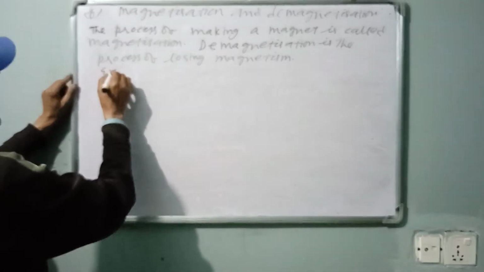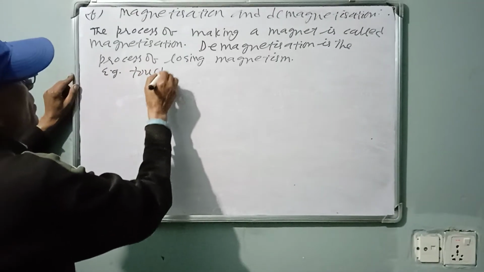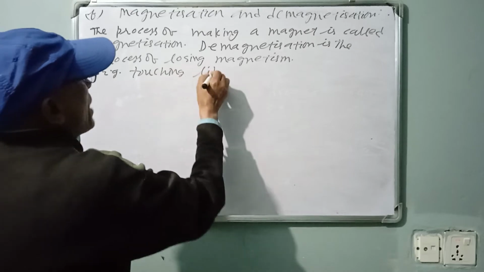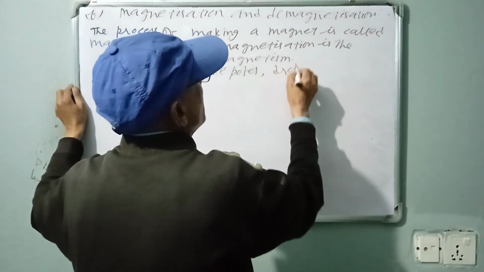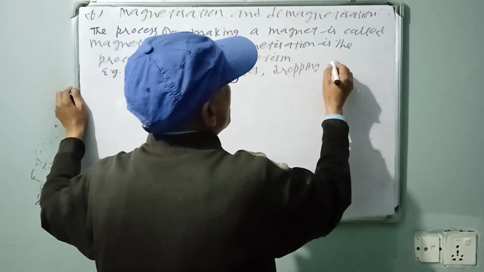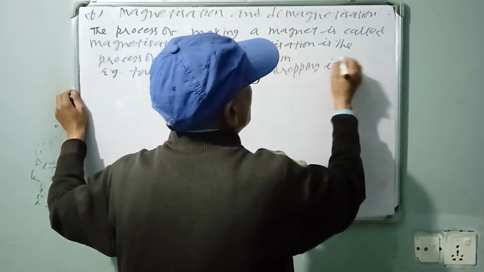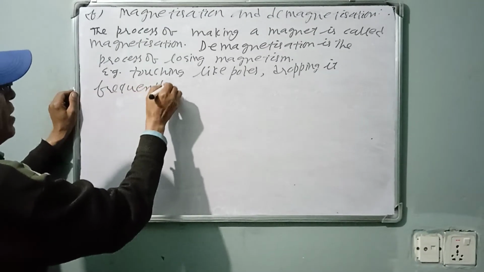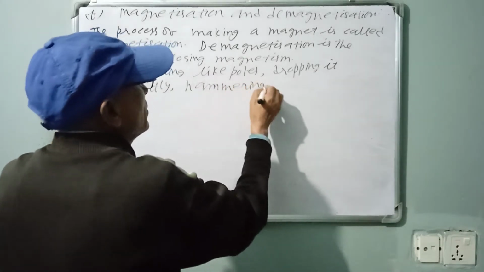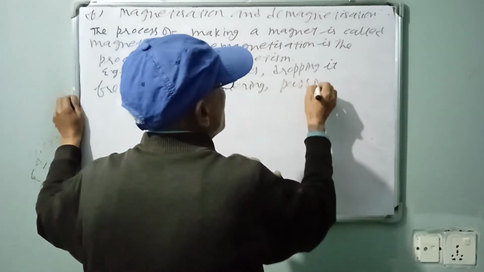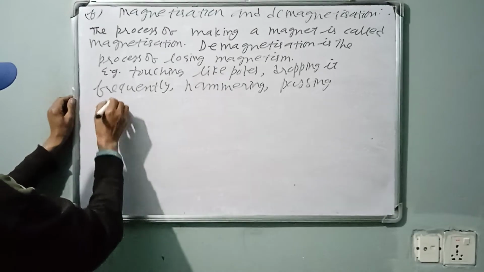For example, touching like poles, dropping it frequently, खसालेर, hammering, passing alternating current.